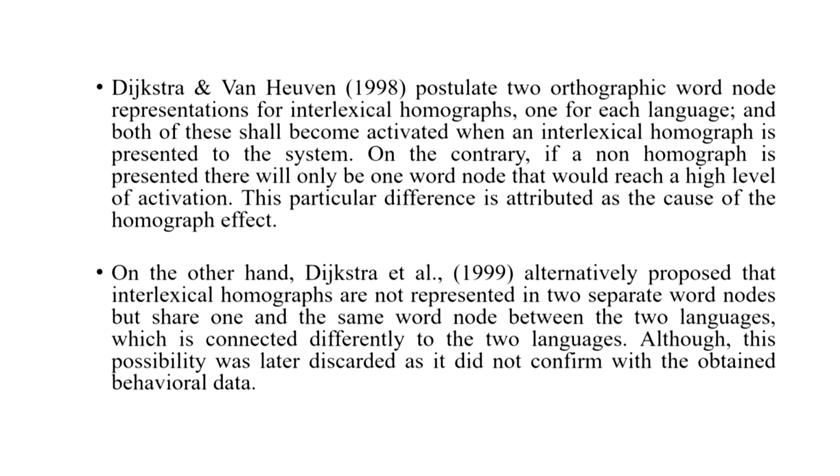Say for example, if I am presenting the word room, which is an interlingual homograph for Dutch and English, because room means space in English, whereas room means cream in Dutch. Now, this word coming from the feature level and letter level will lead to activations to common targets, but it will have one entity in Dutch and the other entity in English.